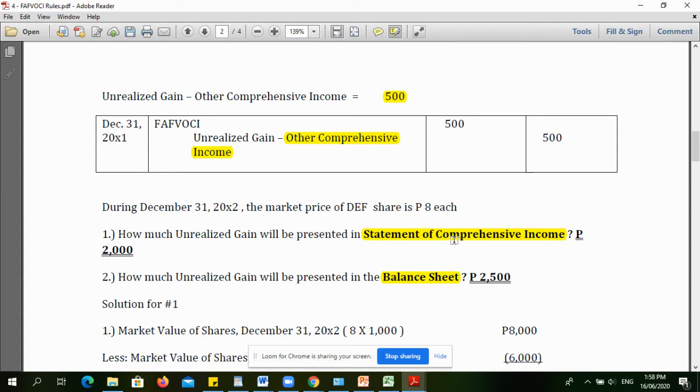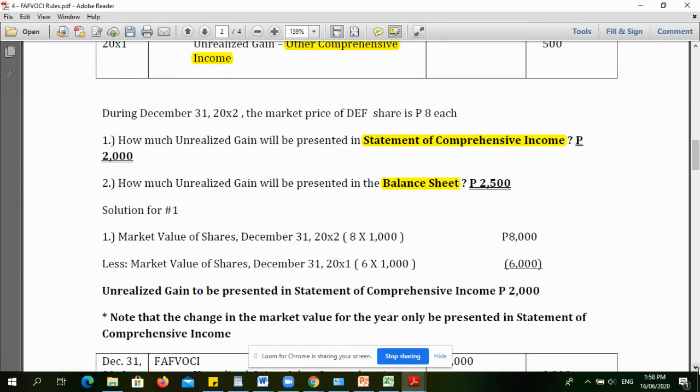So, okay? So, the difference will come in. Pag statement of comprehensive income, we're only dealing with changes or temporary accounts. Pag balance sheet naman, we put permanent accounts. Okay? So, makikita natin ang number 1.